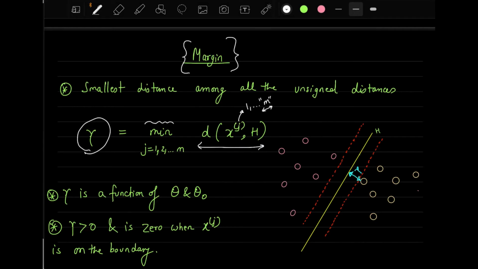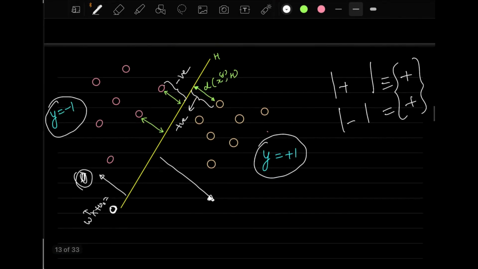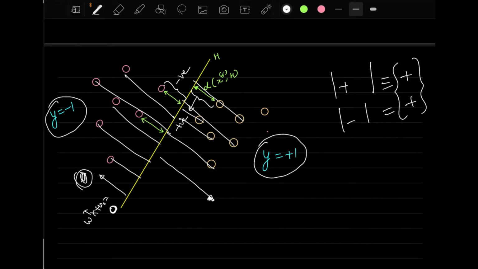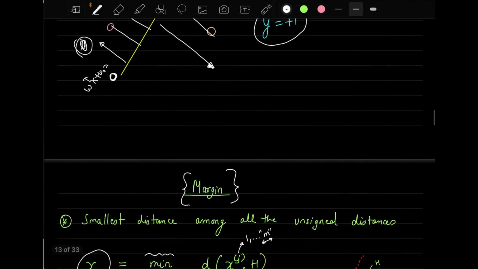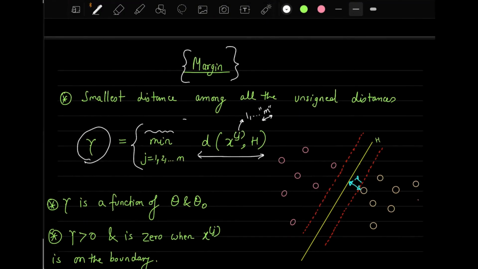So we calculate all these projection values individually, and then we say the margin is the minimum of all the values that we have calculated. That is gamma, the margin.